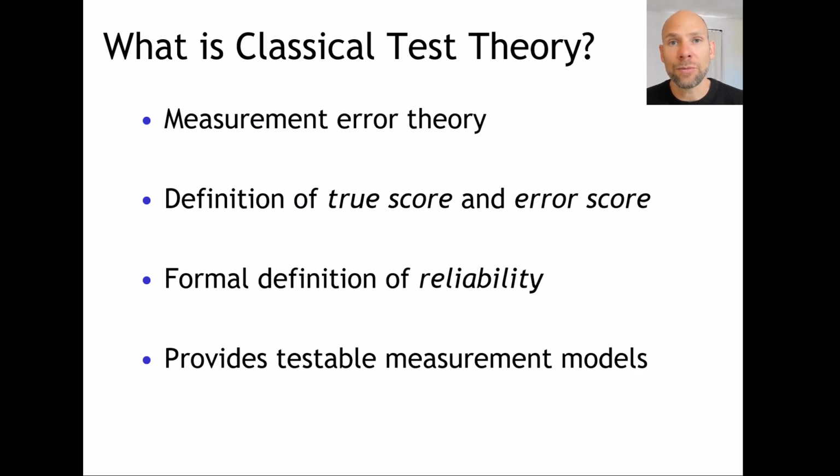Then based on those models, if they fit well, we can, for example, determine the true score variance, the error variance, and the reliability coefficient. I have more videos on those topics as well, for example how this is done in Mplus and other programs for structural equation modeling, where we can fit classical test theory models as confirmatory factor analysis models. So let's dive into it and take a look at measurement models of classical test theory.